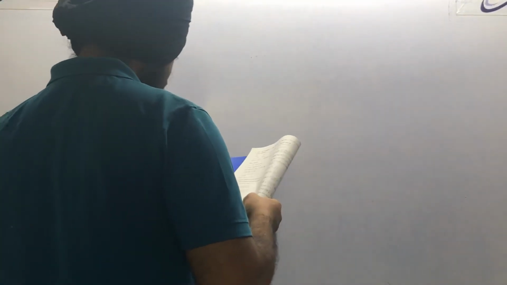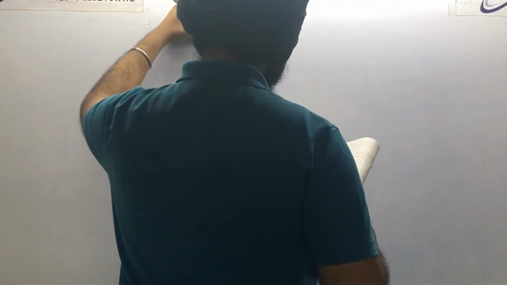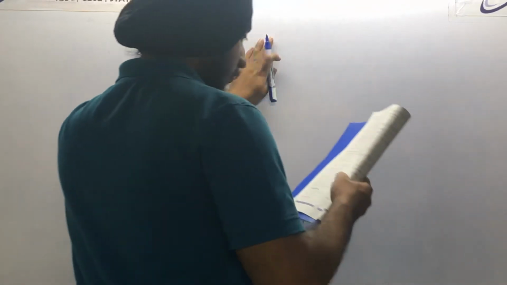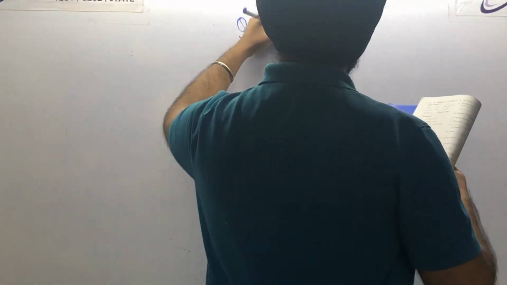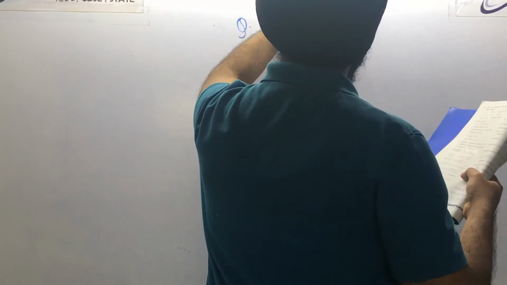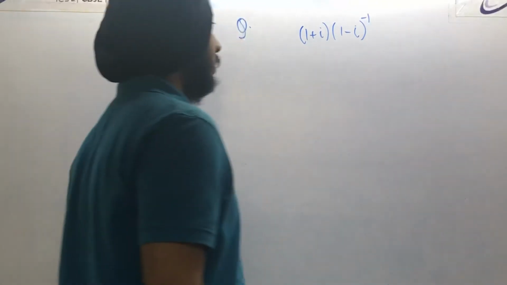Okay, let's do the next question. What we have to do in this question is, I will give you the question. This is the question that is given to us.